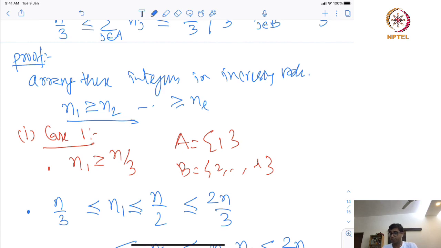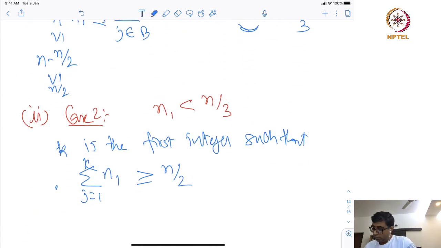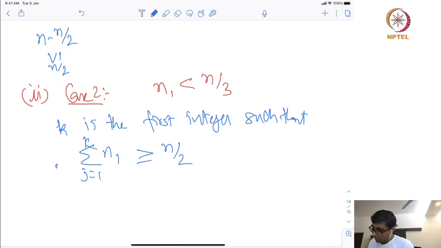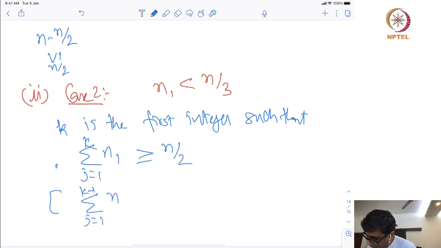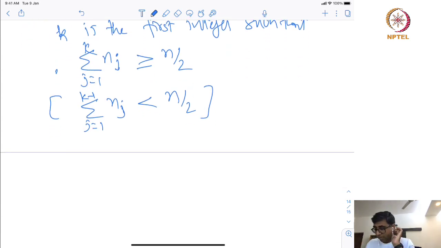So meaning the first integer, which basically means that if I look at j from 1 to k minus 1 of nj, this is strictly less than n by 2. Now, let us try to understand what happens then.